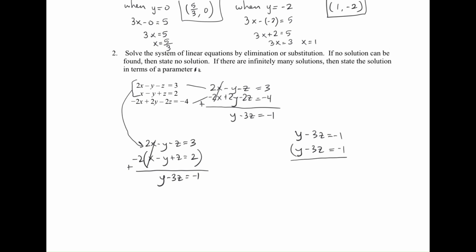If I wanted to eliminate y, for example, I could multiply the bottom equation by -1. So now y's cancel. This becomes positive 3z minus 3z, so those cancel. And then here we have -1 times -1. So this is positive 1 minus 1, which is 0. So 0 is equal to 0, which does mean that this system of equations has infinitely many solutions.